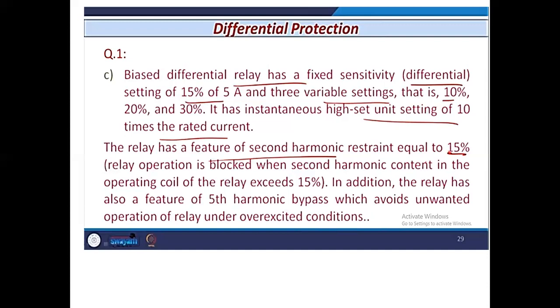The bias differential relay that is connected has two settings. One is the sensitivity setting, that is 15% of 5 ampere. It has three variable settings: 10, 20, and 30%.